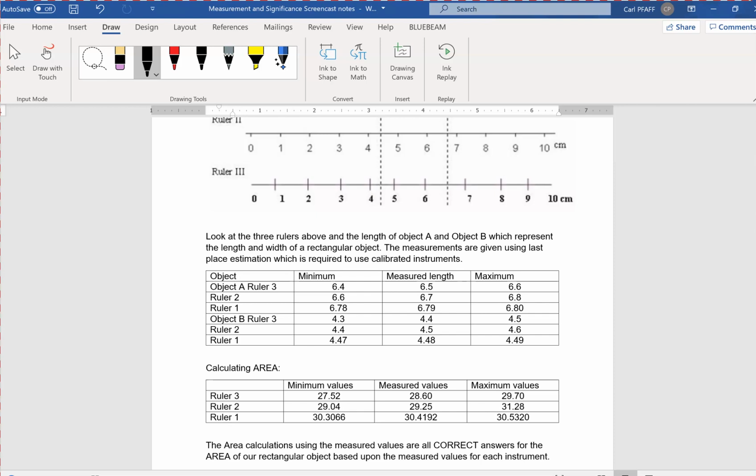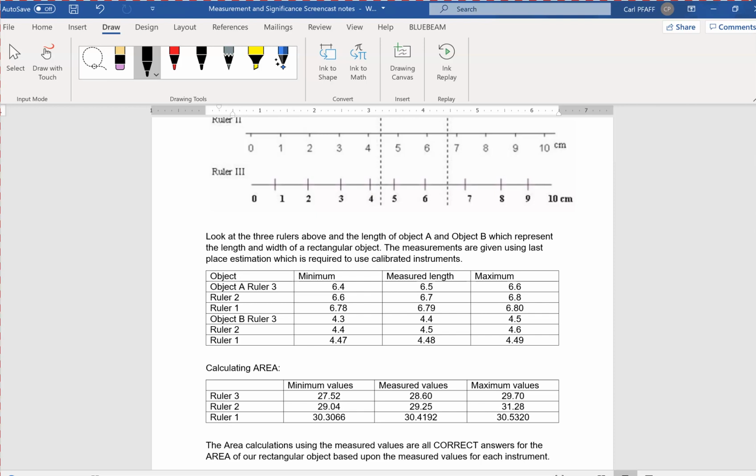If all the measurements were actually closer to the minimum values, on the bottom side, then ruler number 3's area becomes 27.5. Its maximum, if they were both maximized errors, 29.7, 29.04 to 31.28 for ruler number 2, and 30.3066 to 30.5320.